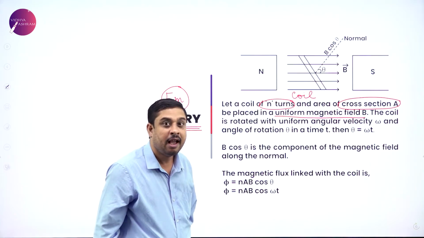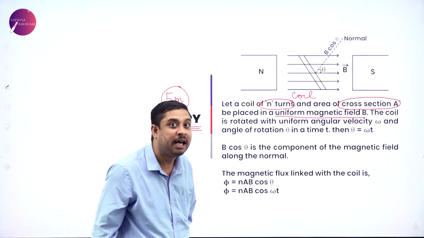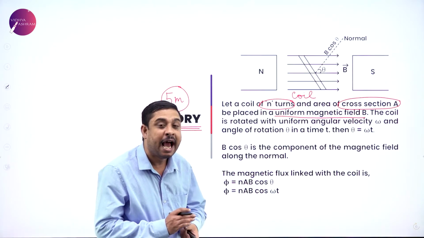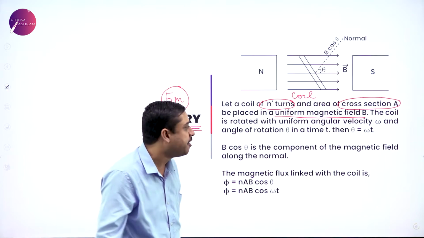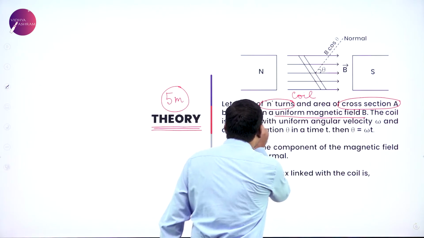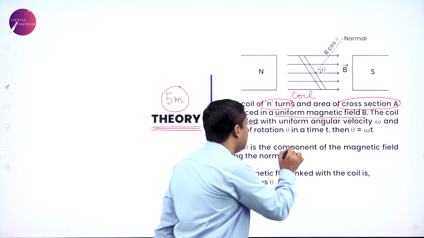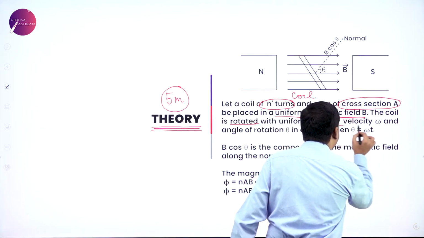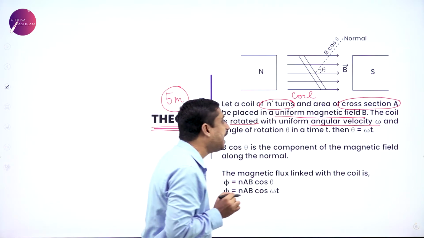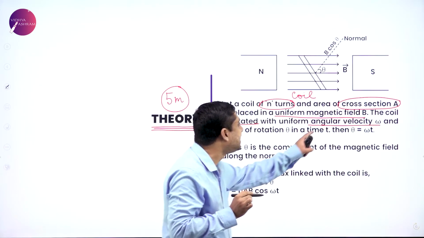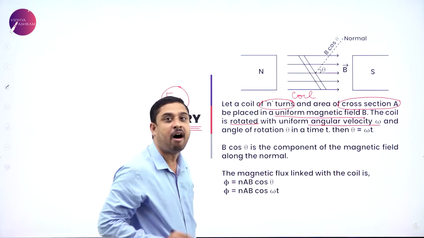Now, I have to rotate the coil, right? Only then I can get an induced EMF. The coil is rotated with a uniform angular velocity omega.